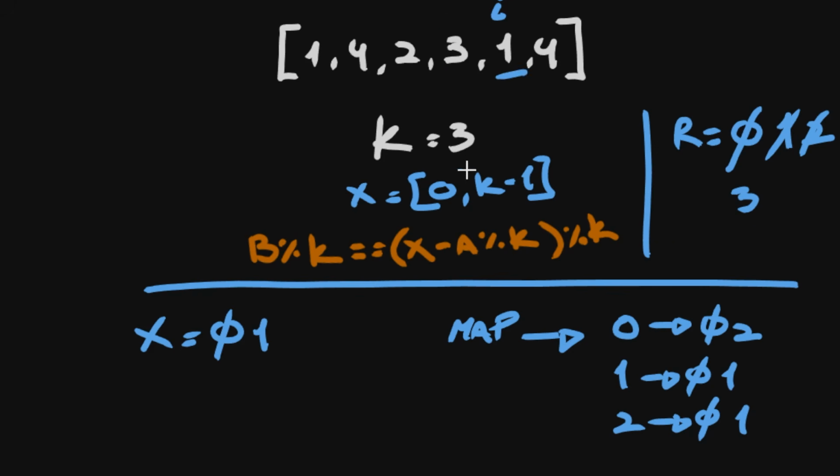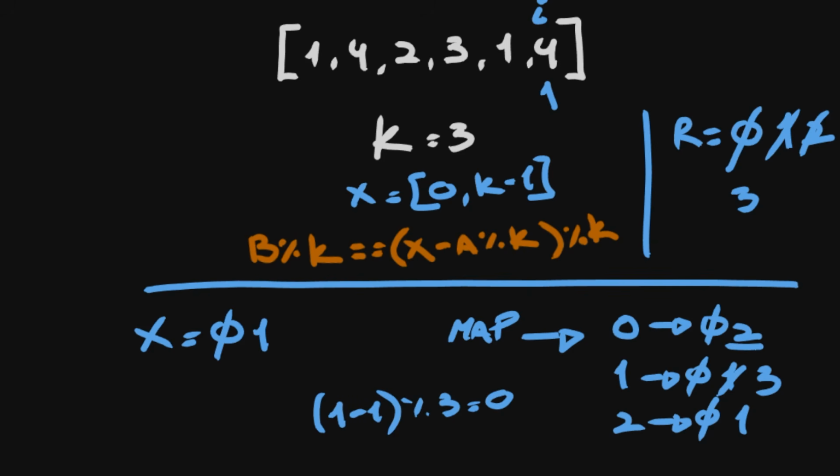Now we are here, 1 modulo 3 is 1, so we are looking for 1 minus 1 modulo 3, this is 0. So we take 2 plus 1, meaning 3, and we put that in map at 1. So this is now 3, meaning this is also a valid subsequence. Now we are here and 4 modulo 3 is 1, so we are looking for 1 minus 1 modulo 3, this is 0.